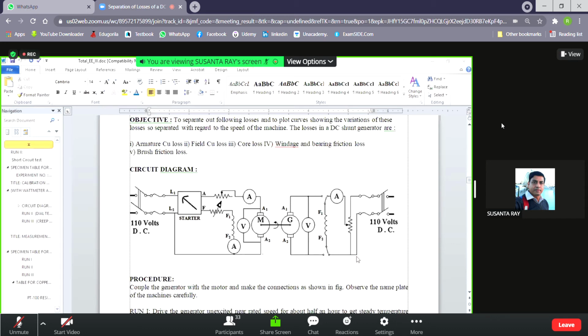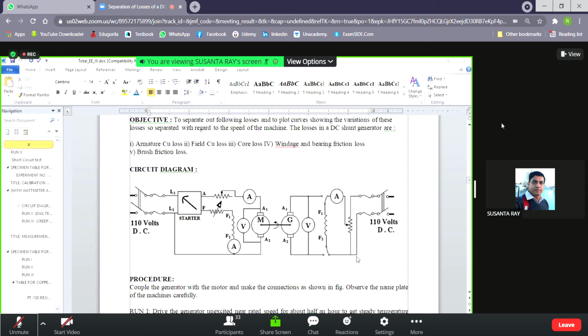So we'll connect the L1, L2 terminals of the starter to the 110 volt DC supply. Then how many terminals are left? 2 terminals, A and F. This A stands for the armature and F stands for the field.